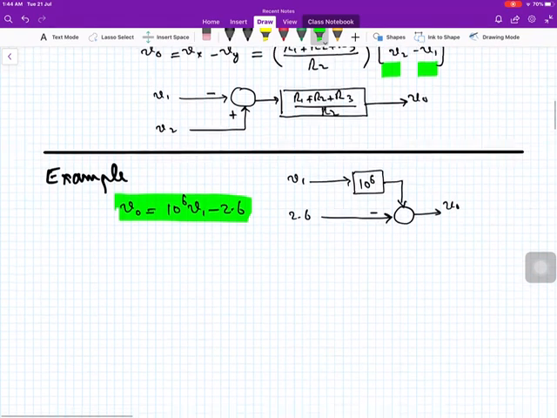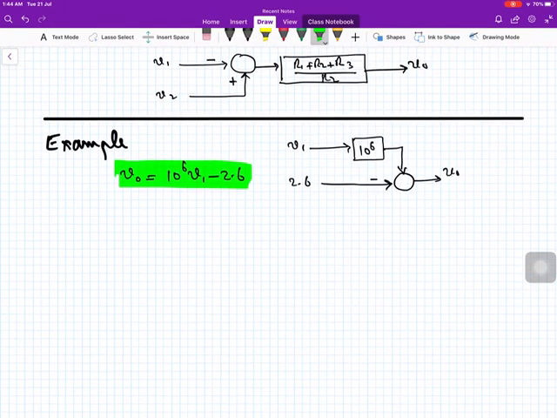In implementing this, there are two possibilities discussed in the textbook.